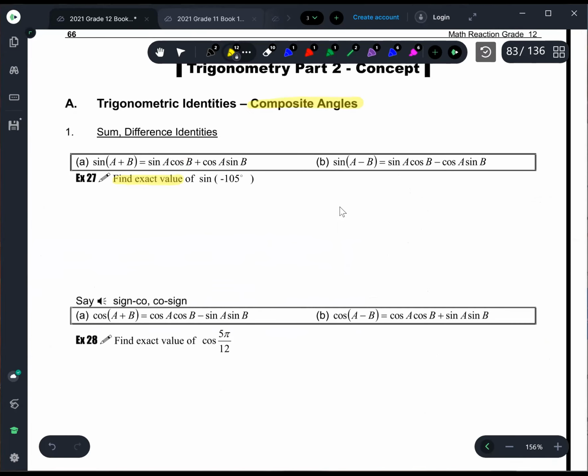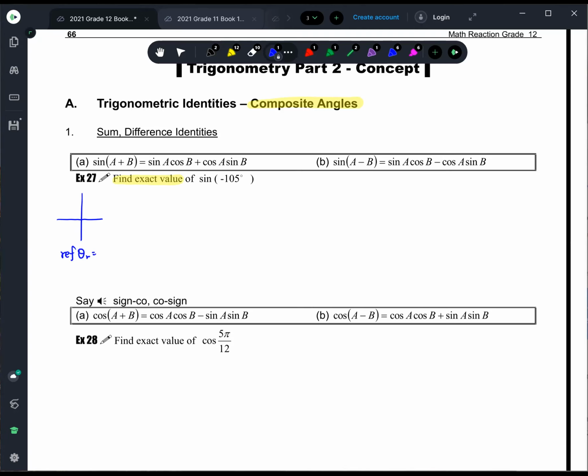Our question here is sine of negative 105, right? So if we draw that out, can everyone draw this on your page? Negative 105, and please write down the reference angle. Raise your hand if you found the reference angle.